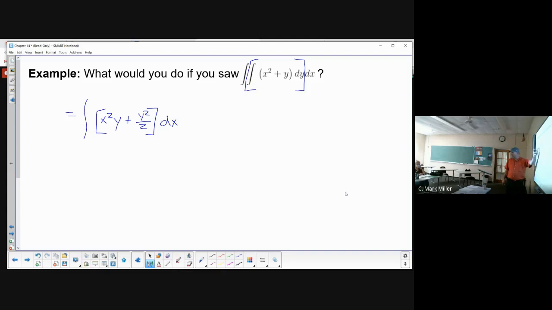We integrate the x squared part, which is x cubed over 3. So this is going to be x cubed over 3 times y, plus, we're integrating y squared over 2 with respect to x. So y squared over 2 is a constant. So it's going to be y squared over 2 times x. And since it's an indefinite integral, plus c.